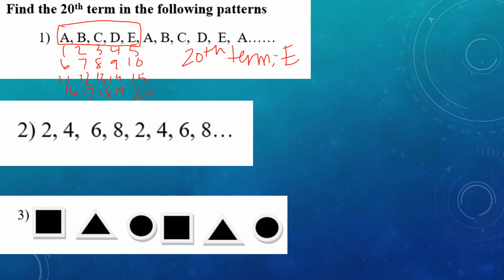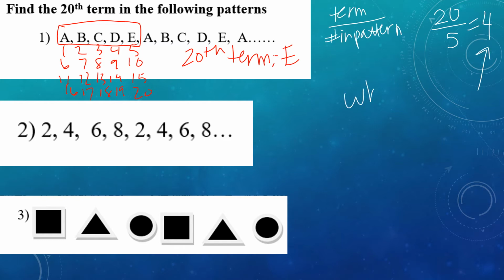You could also think of it as, okay, so you take your term over your number in the pattern. So for this, our 20th term is what we're trying to find, and we have 5 terms in the pattern. When I do this, I get a whole number.